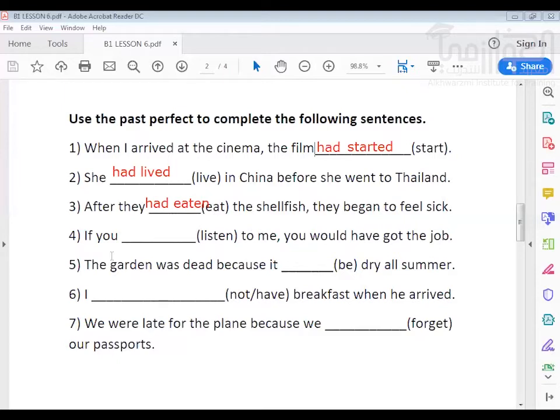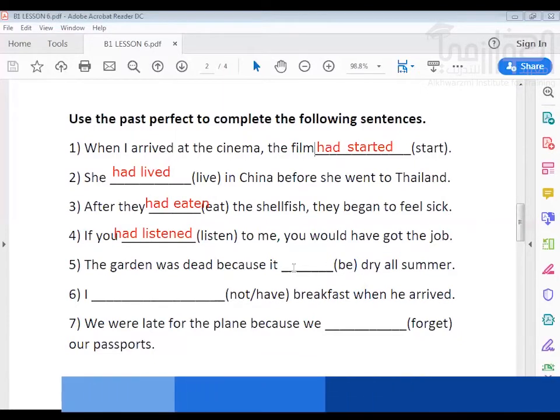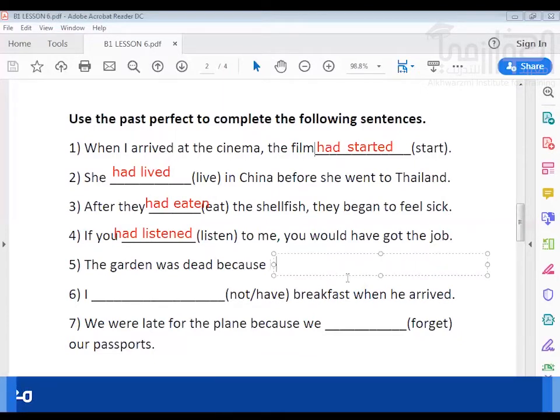And then if you listen to me, you would have got a job. So if you had listened. And then the garden was dry all summer. So we use had, and then what is the verb 3 of be? Been. It had been.